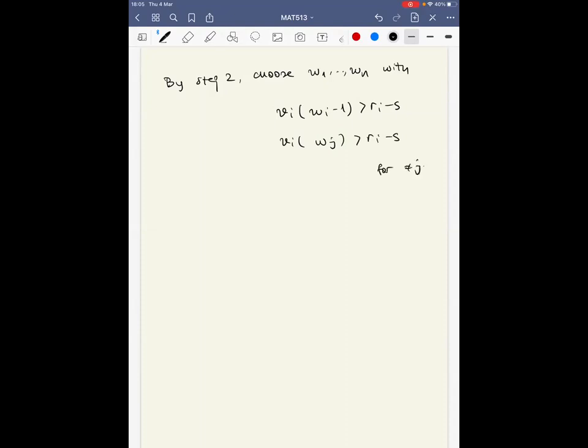Again, this condition seems a bit ugly. Let me write it explicitly in a table.